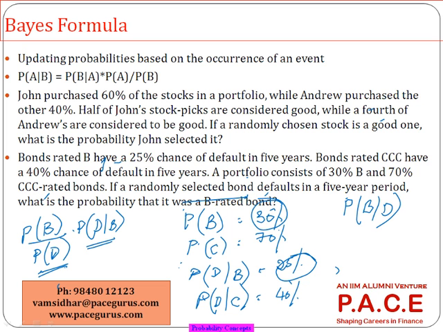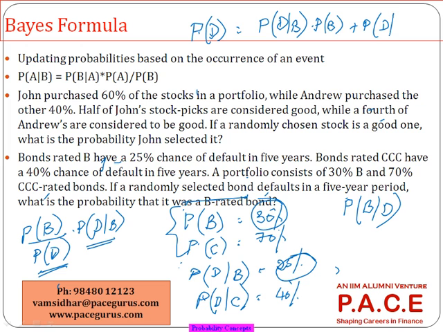How do I get P of D here? Mutually exclusive and exhaustive events. Right? If these are mutually exclusive and exhaustive, I can get the unconditional probability of any by expressing them as their conditional probabilities. P of D given B into P of B plus P of D given C into P of C.